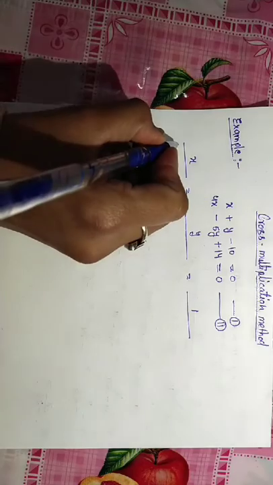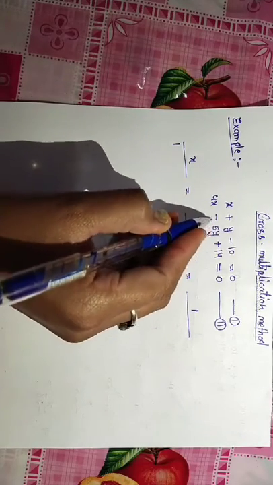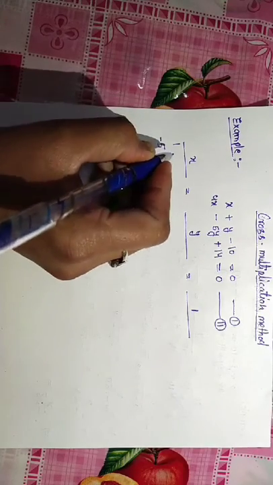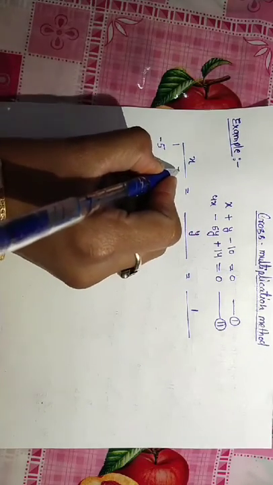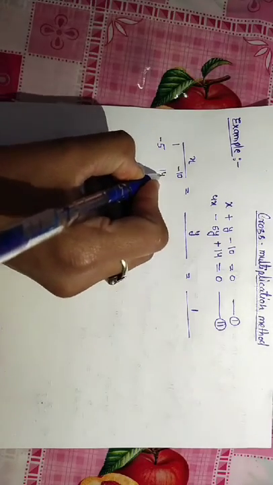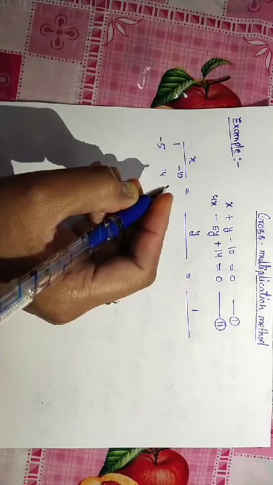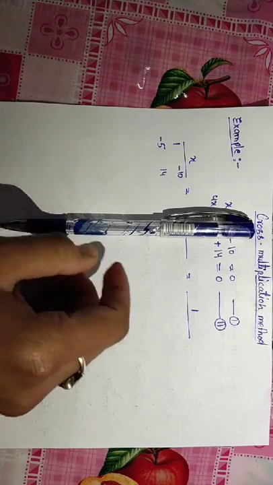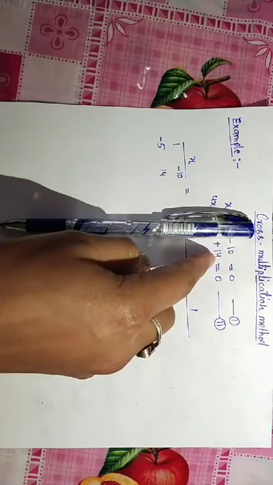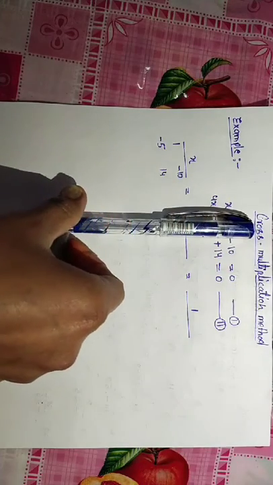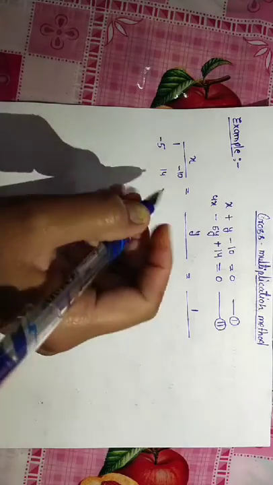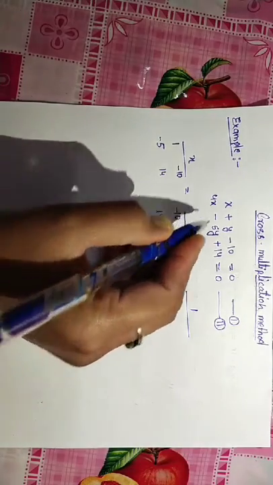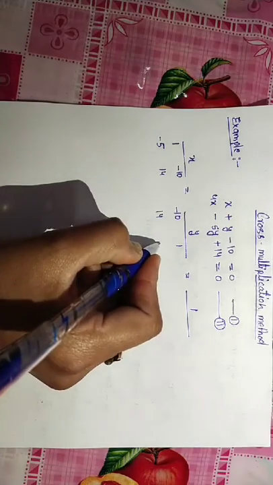The coefficient of y is 1 and the coefficient of y in the second equation is minus 5, and the constant terms are minus 10 and 14. For writing in the denominator of y, we cover the y term, and first we write the constant terms and then the coefficients of x. The constant terms are minus 10, 14, and the coefficients are 1 and 4.